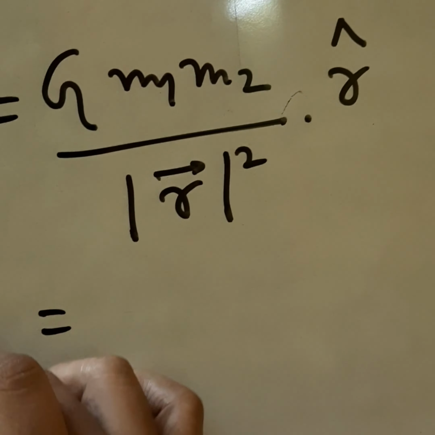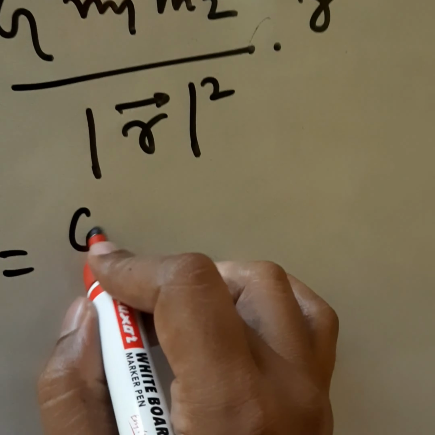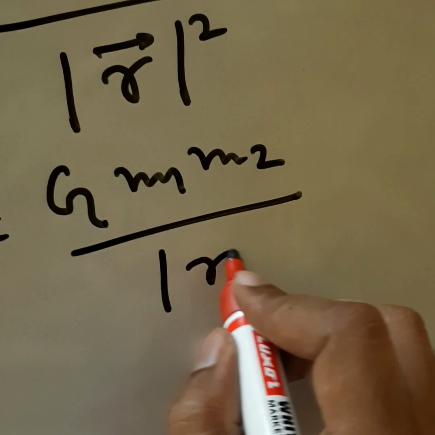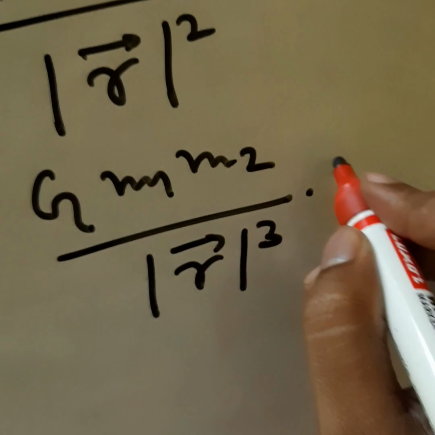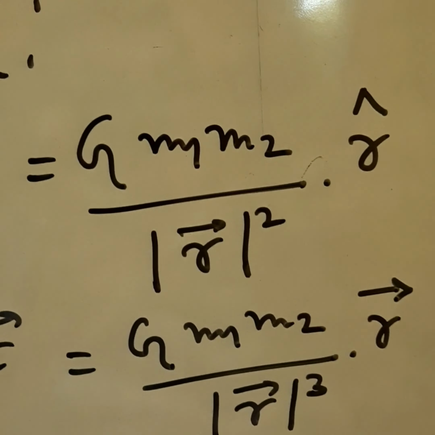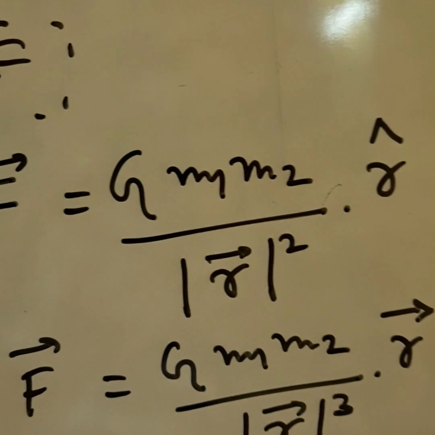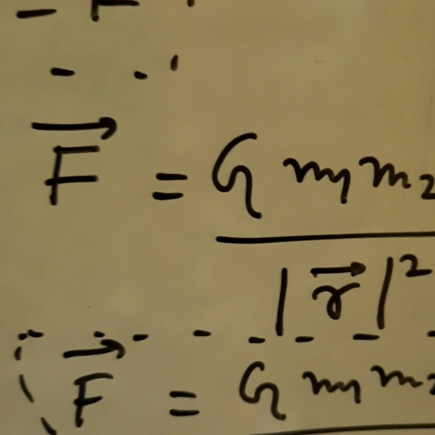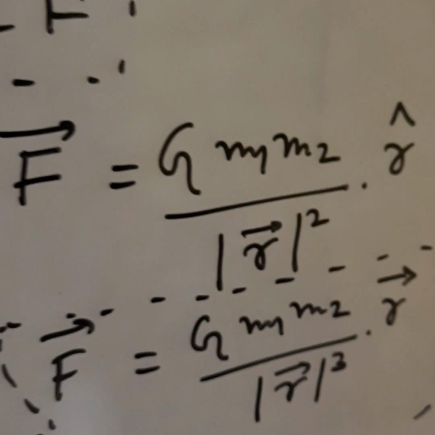You can also write this as G m1 m2 by r cube into r vector. Why, sir? Because you know that unit vector r cap equals r vector divided by its magnitude. So this is the final expression for the force acting between two bodies of mass m1 and m2 separated by a distance r. Fine.